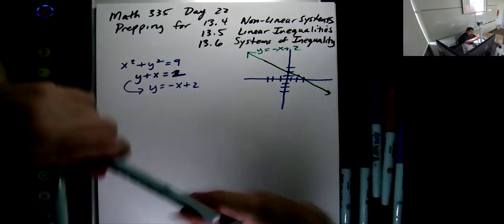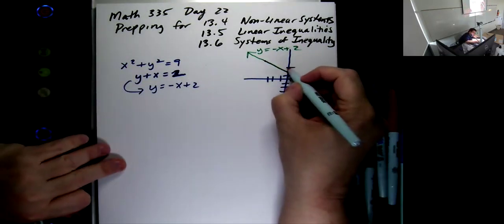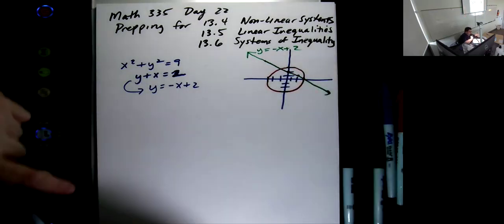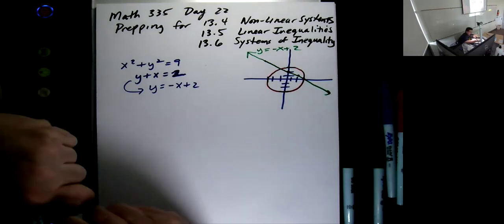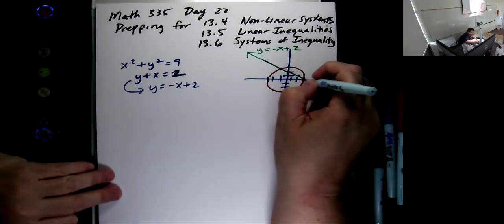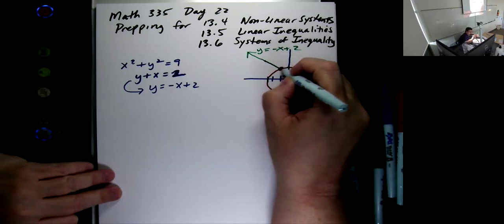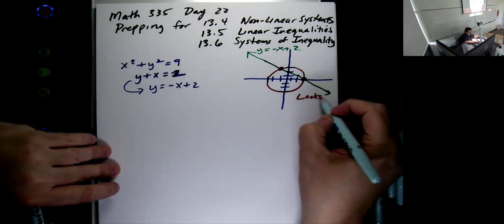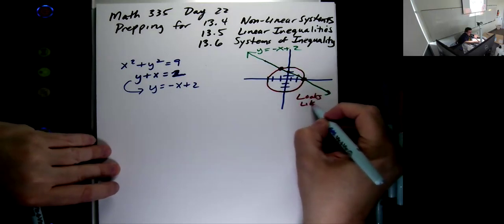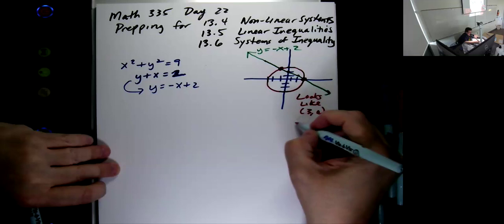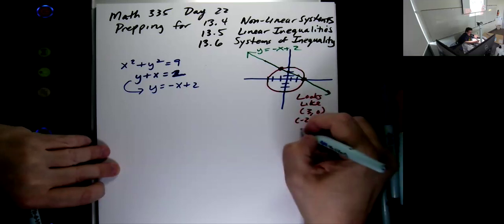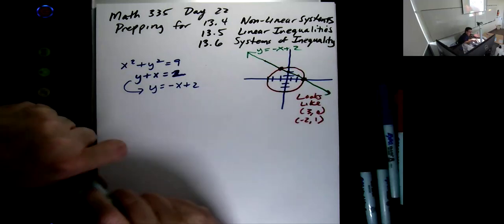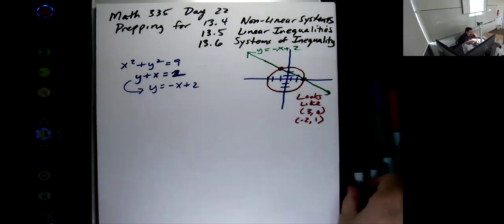And the circle is this. They clearly intersect, right here and right here. And it looks like (3, 0) and (-2, 1). But we're not going off my graph, because we've already seen how bad my graphs can be. We're gonna actually just solve this algebraically.